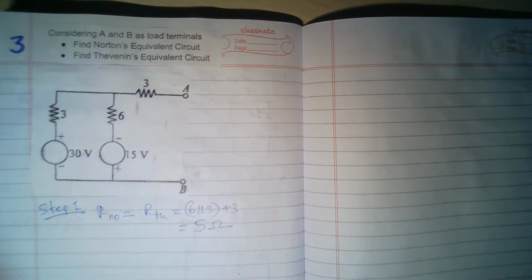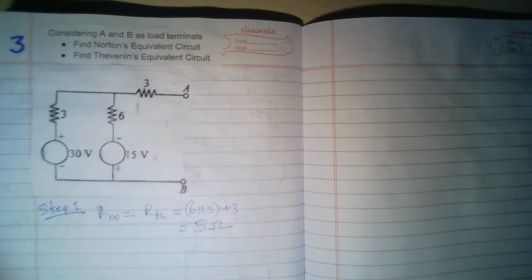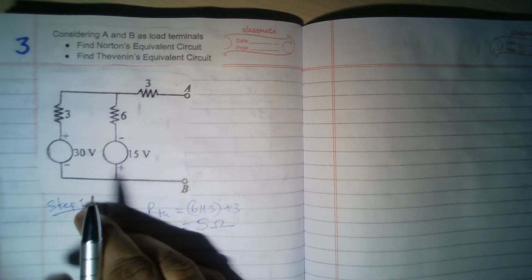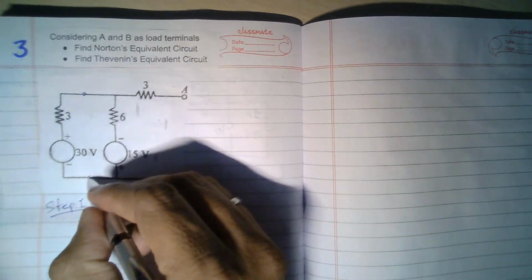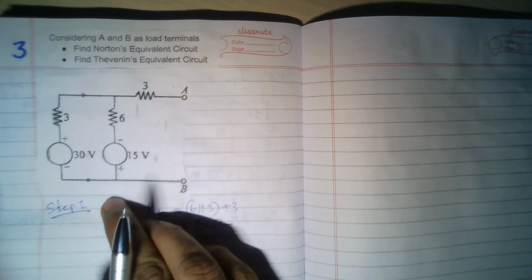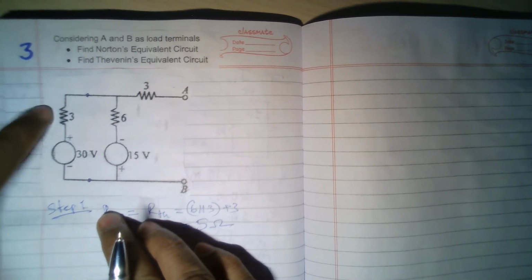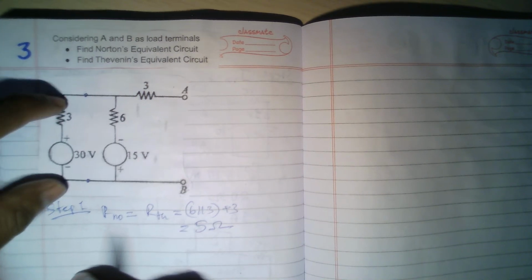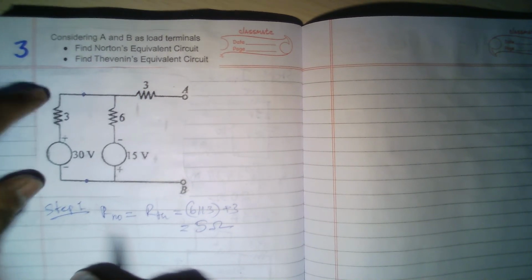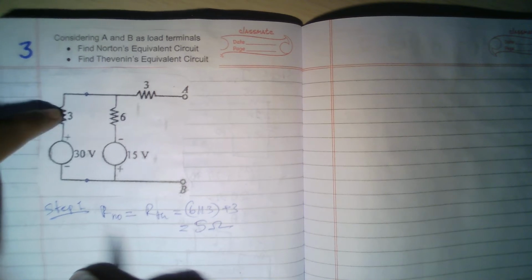Step 1 is done. Now in step 2, let's mark these two terminals as X and Y. Now look at the left side. This looks like a Thevenin's equivalent, right? Some voltage in series with resistance. So what is the Norton's equivalent of that Thevenin's equivalent?